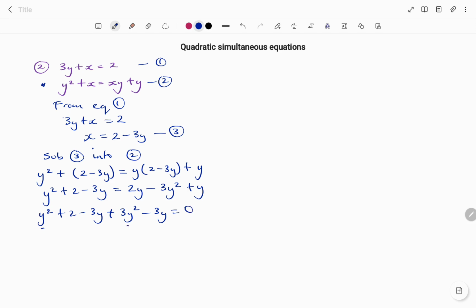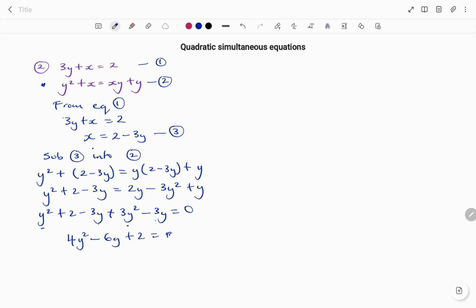Y squared plus 3y squared, that will be 4y squared. Then I have minus 3y, that's minus 6y. And I have my constant plus 2 equals 0.